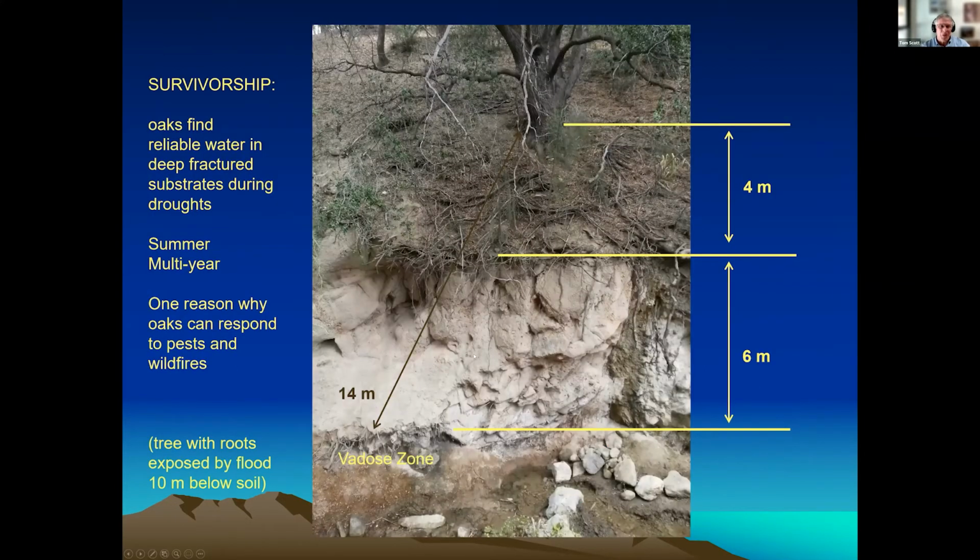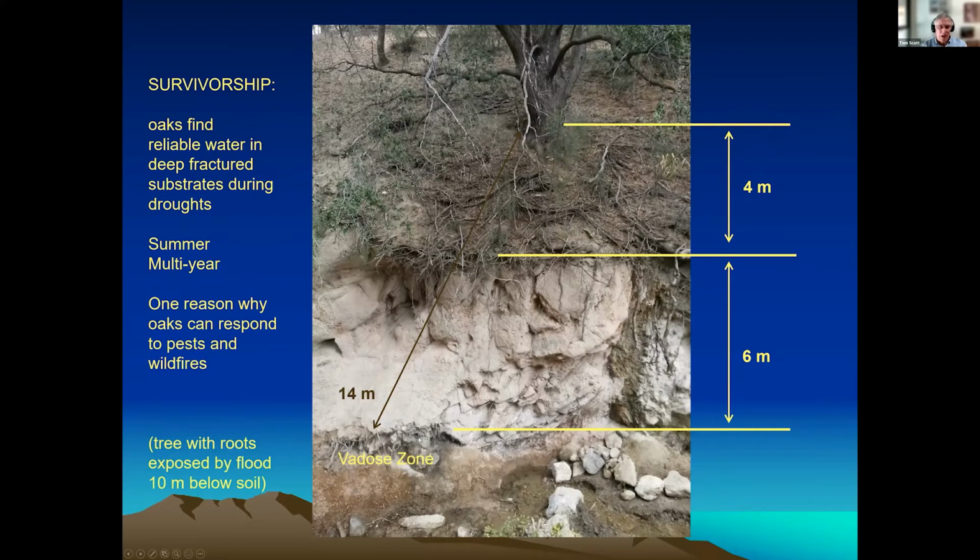Now, the other thing that's remarkable about these trees is their rooting systems. I mean, people have talked about how deep they are. Sometimes it just sounds like hyperbole, but in this case, I wanted to show you a tree that basically its roots are 14 meters away from, let's translate that, 45 feet away from the tree trunk, and they're 10 meters deep in the ground.